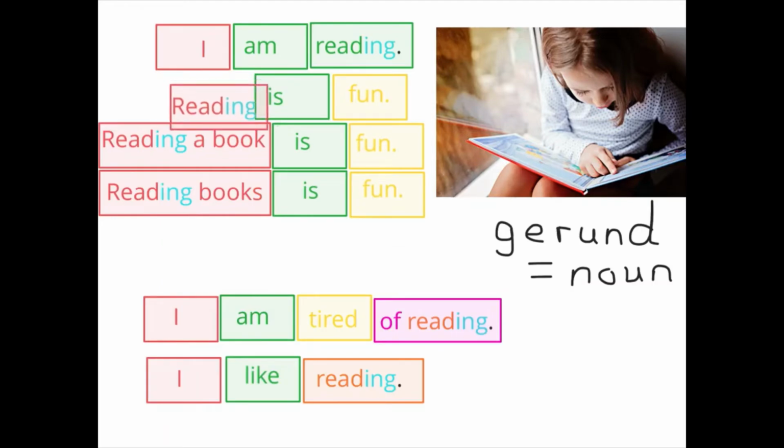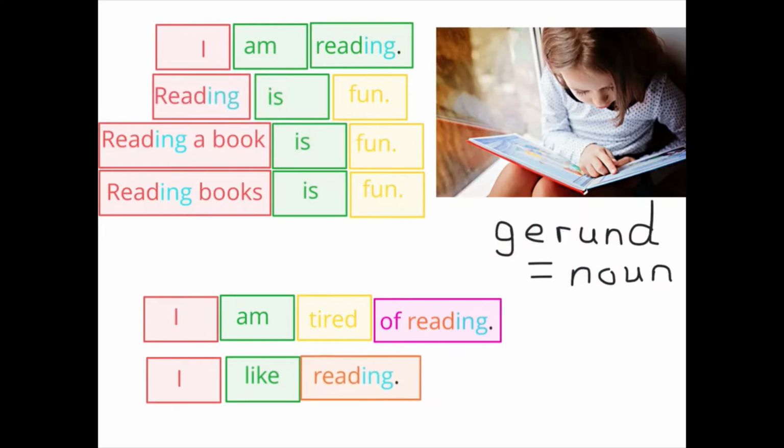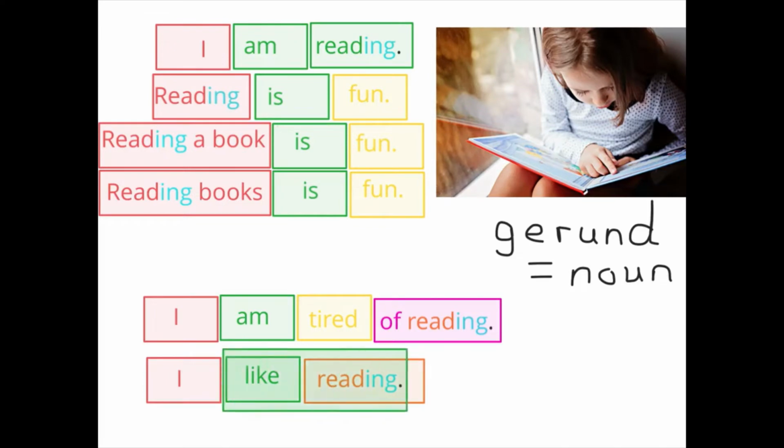Remember that the subject of a sentence needs to be a noun. So when we are using read or our verb plus ing, we are turning it into a noun. Well, a noun can be used as a subject of the sentence, like in reading is fun, but a noun can also be used as an object in a sentence. There can also be nouns that are in the predicate of our sentence.